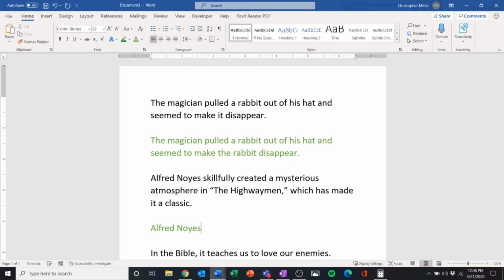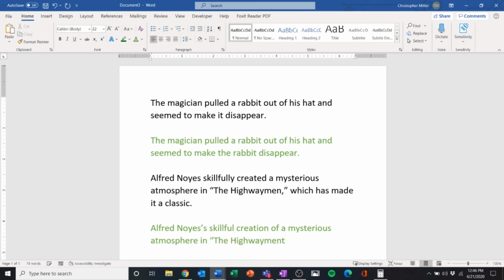Alfred Noyes' skillful creation of a mysterious atmosphere in The Highwaymen has made the book a classic.